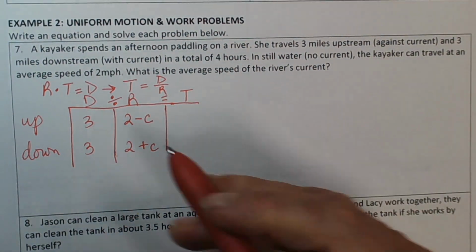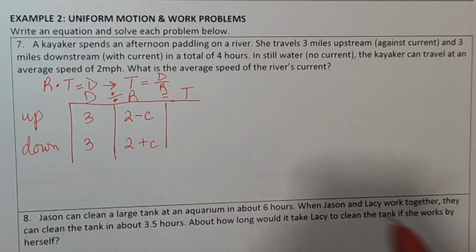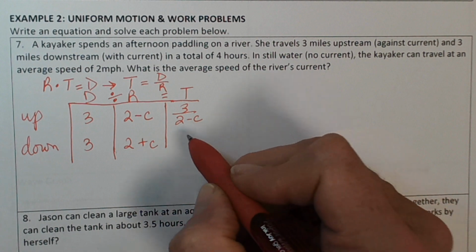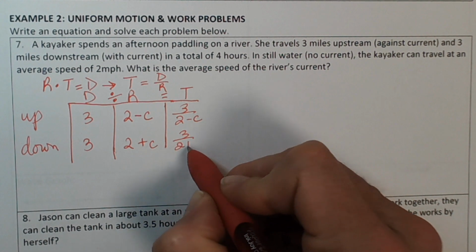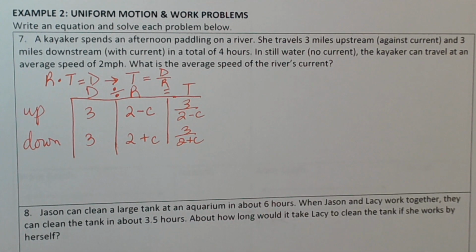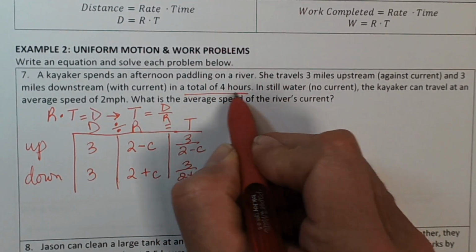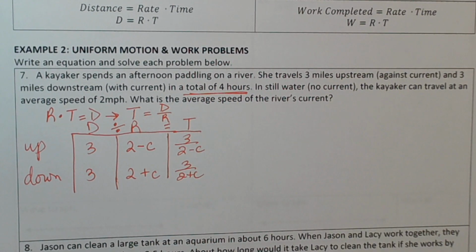We are going to take the distance divided by the rate, so 3 over 2 minus c, and 3 over 2 plus c, and then we're going to write an equation based on the total number of hours.